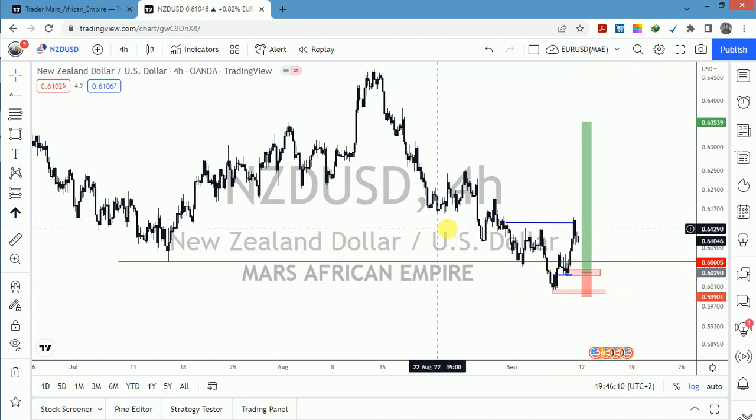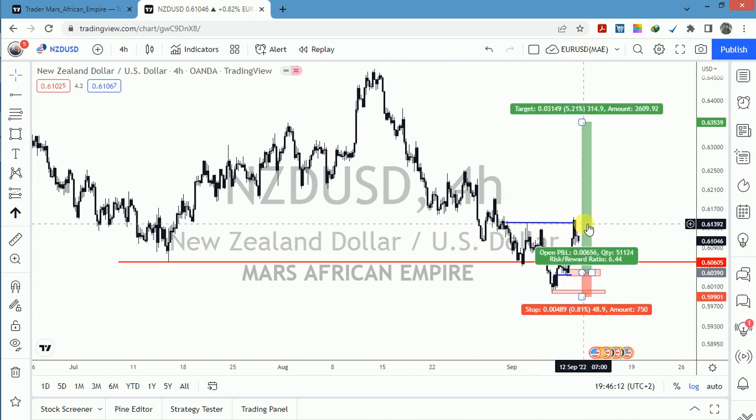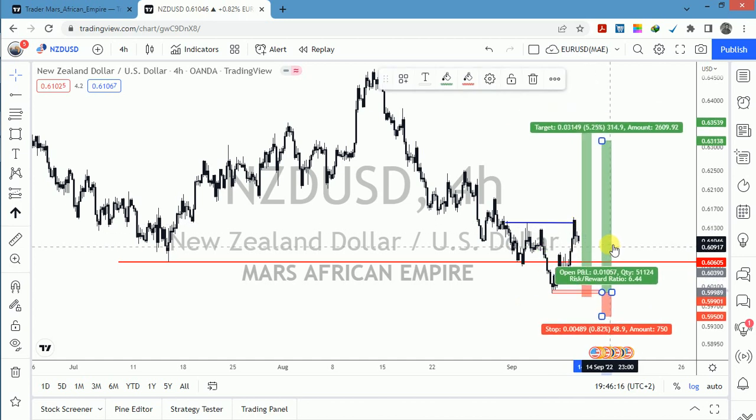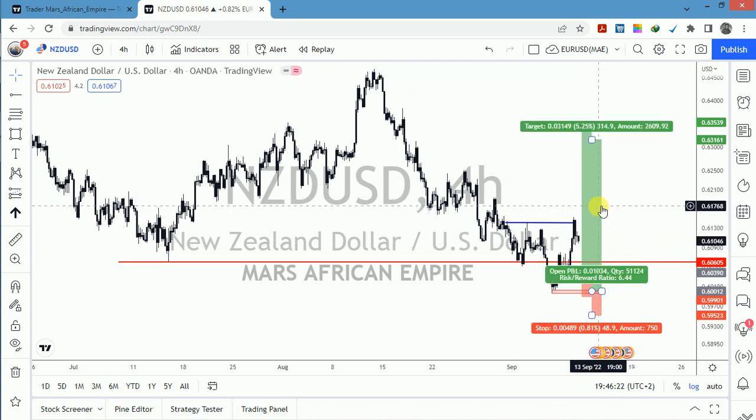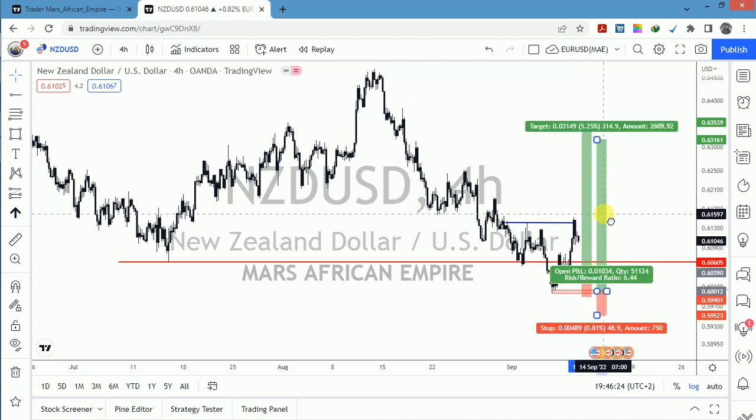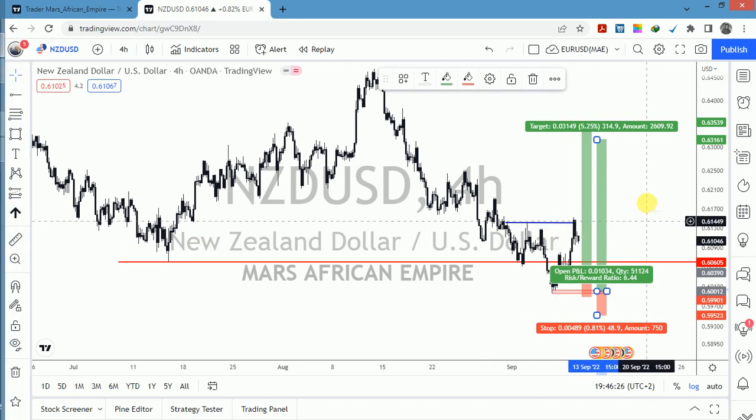And then if we risk 50 pips, then what we should do, we should also cater for an entry there.